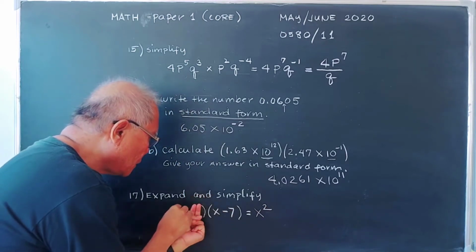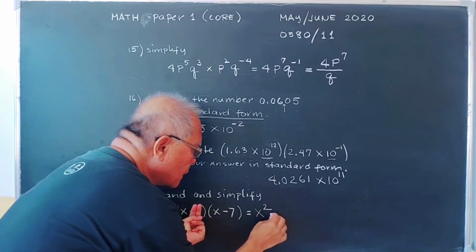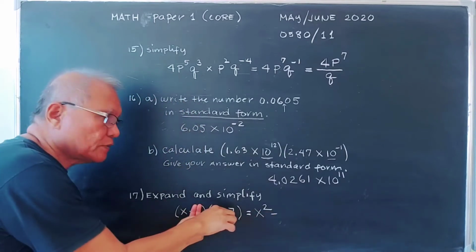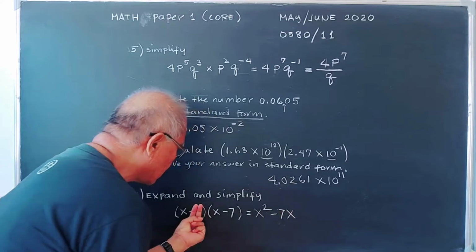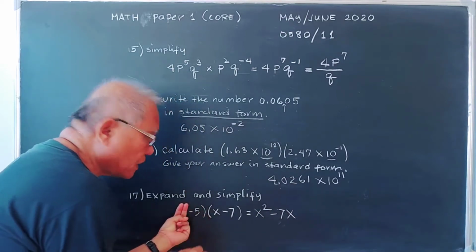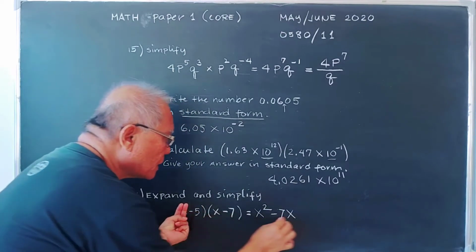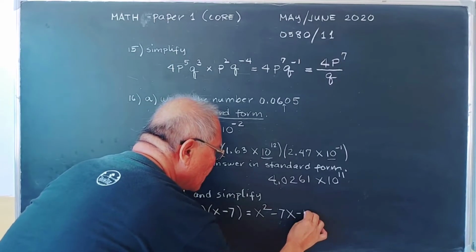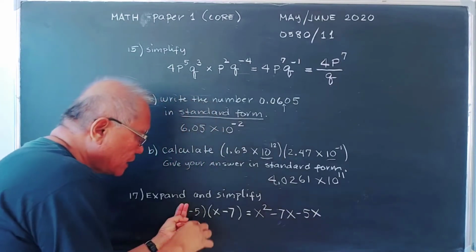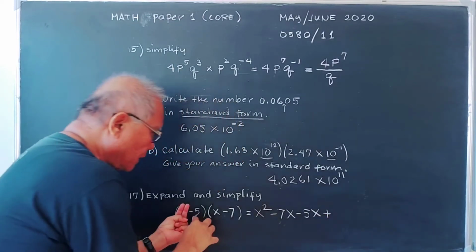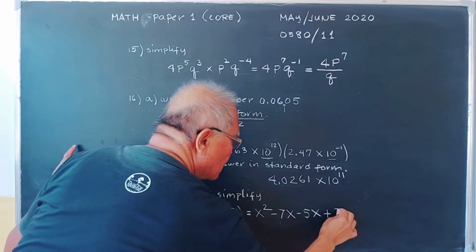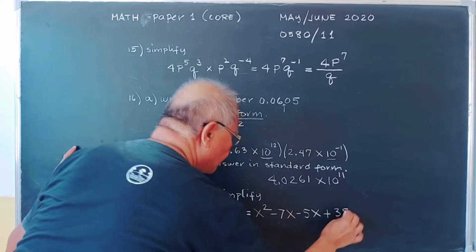Then x times 7 with the negative sign is negative 7x. Afterwards, we have the negative 5: negative 5 times x is negative 5x. And then negative times negative is positive, and 5 times 7 is 35.